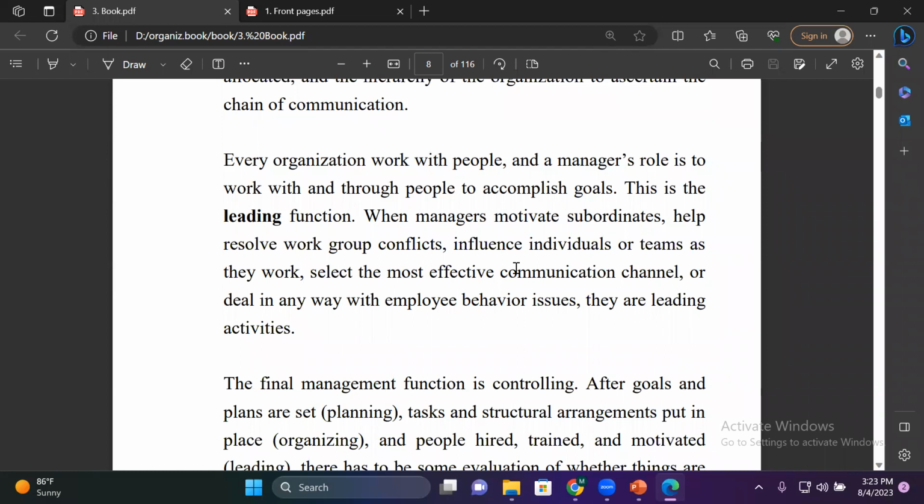So the leadership function is about how the leaders can create these employees into real leaders. You want to motivate them, supervise them, guide them, direct them, and do some staff development. Likewise, a lot of things can be there.